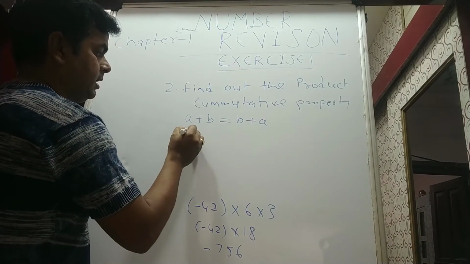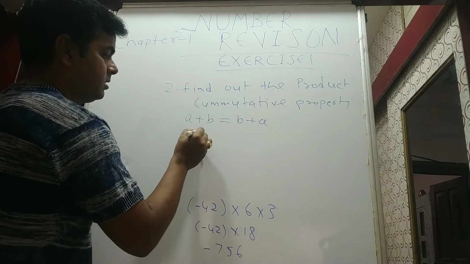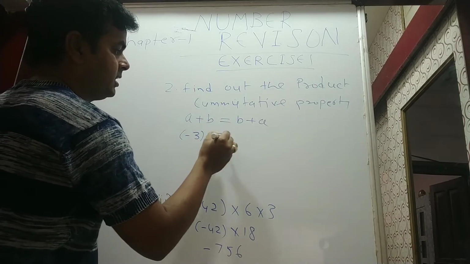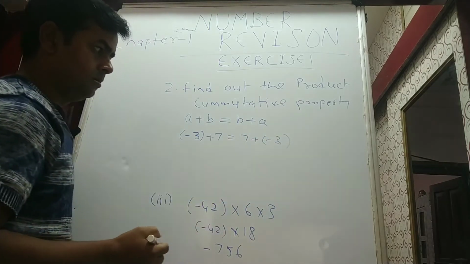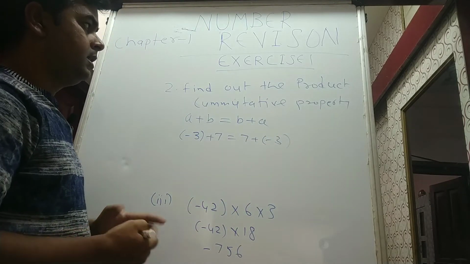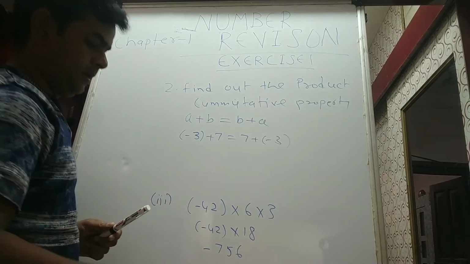Like if I write minus 3 plus 7, I can write it like this also. This is called the commutative property.